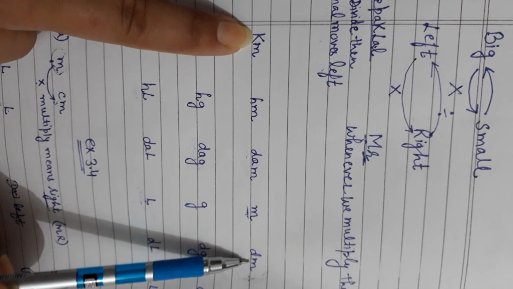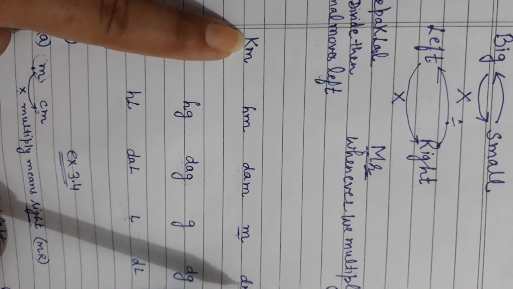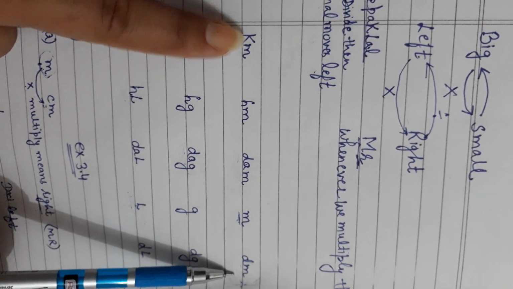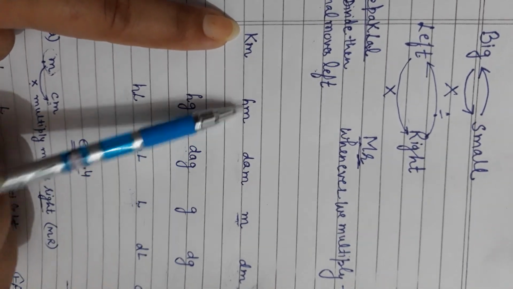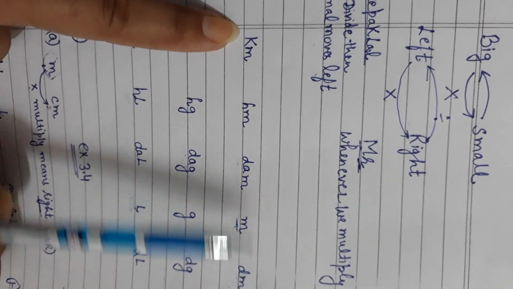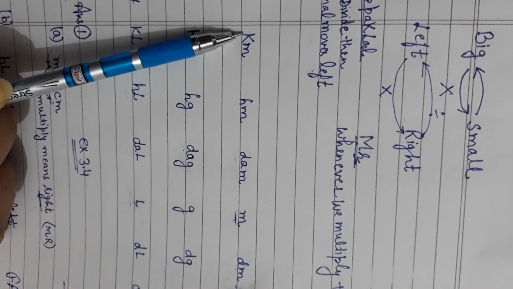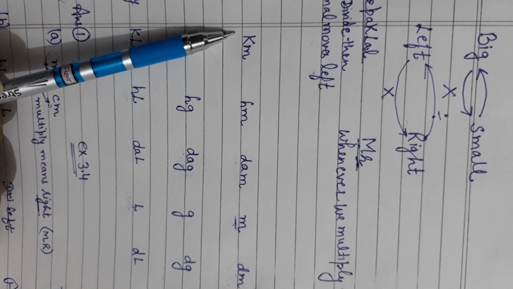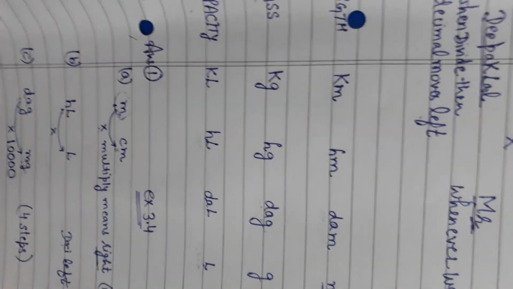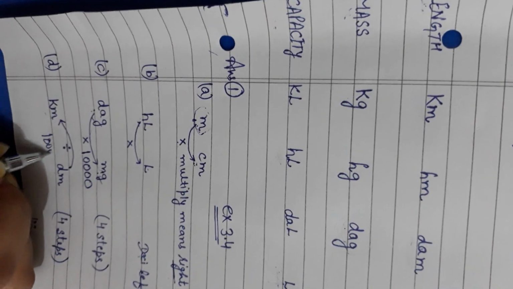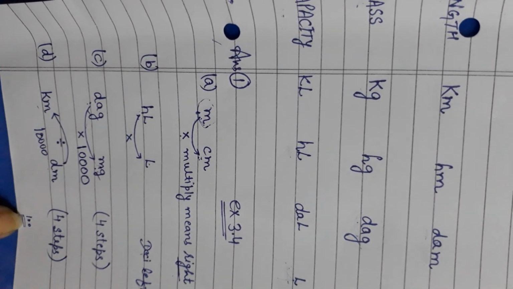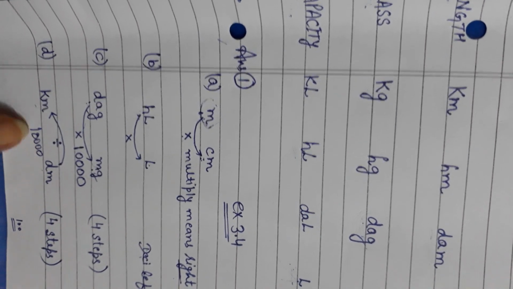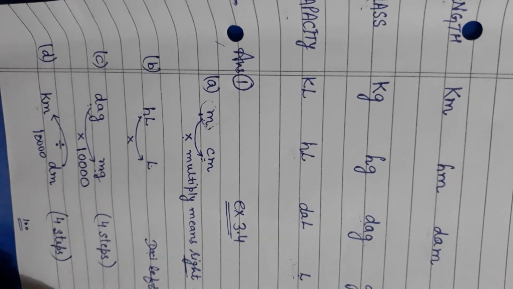You are standing on this step and you have to go on this step, so count: 1, 2, 3, 4. So 4 steps you have to come back, means you have to divide, so you have to divide by 10,000. But what the question says is to divide by 100, so it is wrong. Actually we have to divide by 10,000, so this was false.